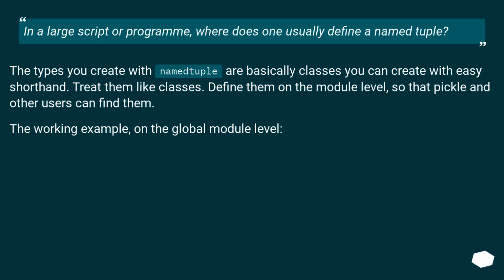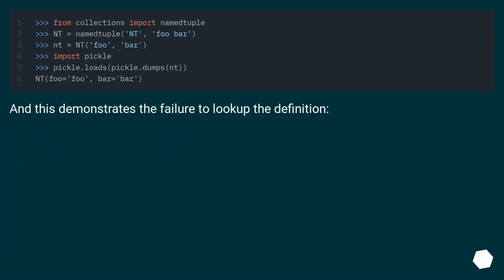Define them on the module level, so that Pickle and other users can find them. The working example, on the global module level. And this demonstrates the failure to look up the definition.